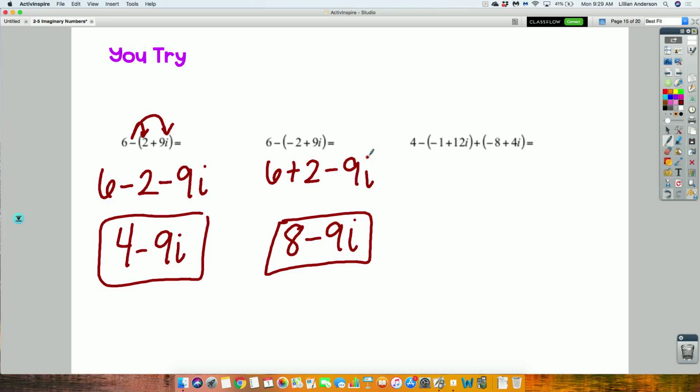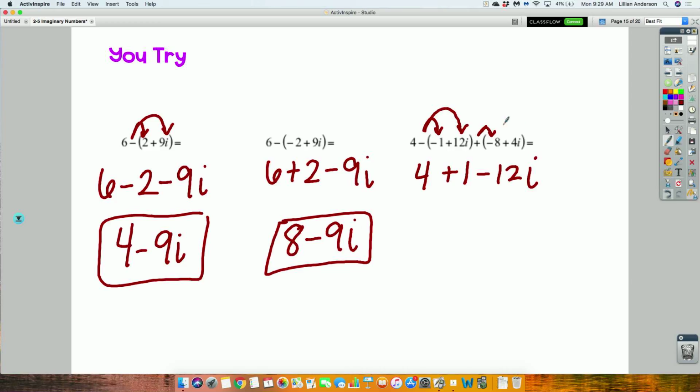Very good. Now this one was a doozy. Well, not so much, but make sure you distribute the negative here. And then you're just adding these. So this became a 4 plus 1 minus 12i. And then what about that back part? Plus 8. It stays the same. Think about a plus and a minus, what do they make when you multiply them?